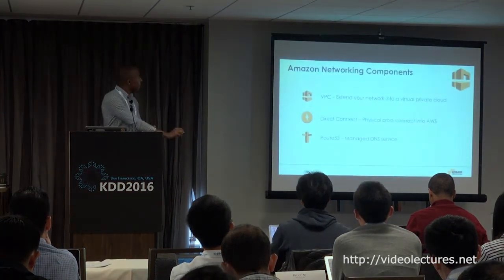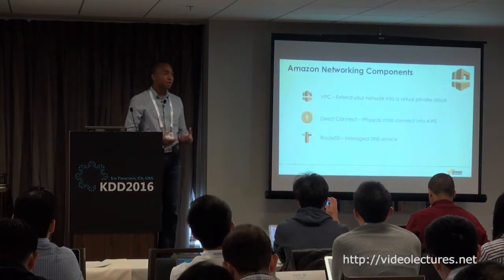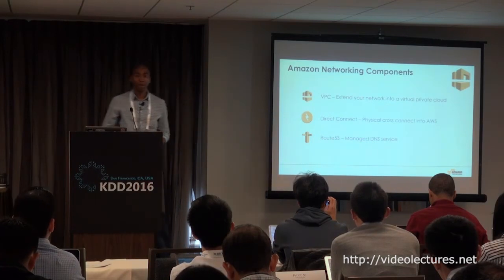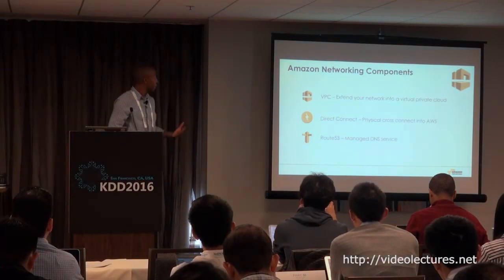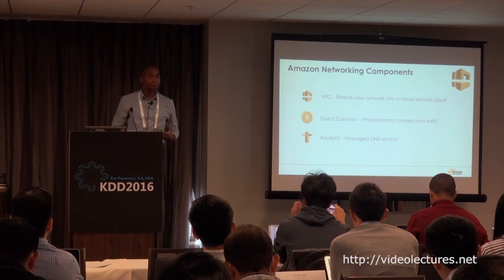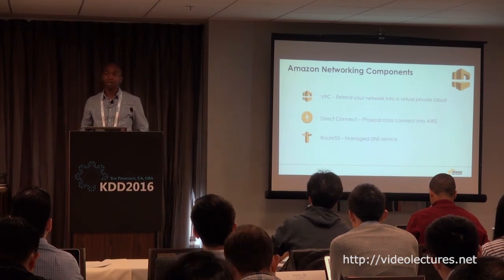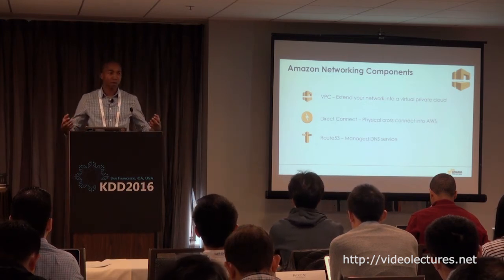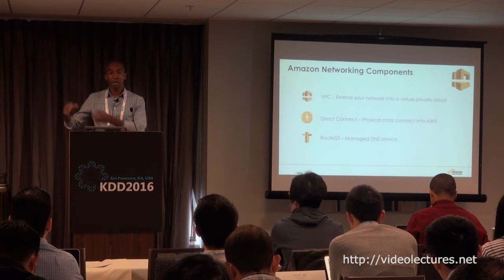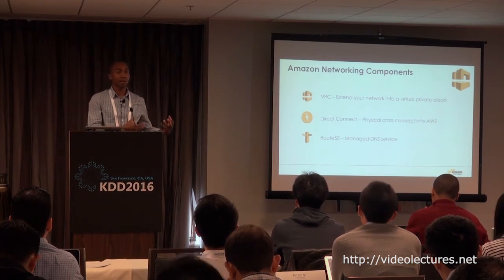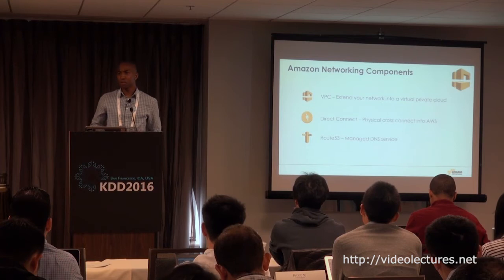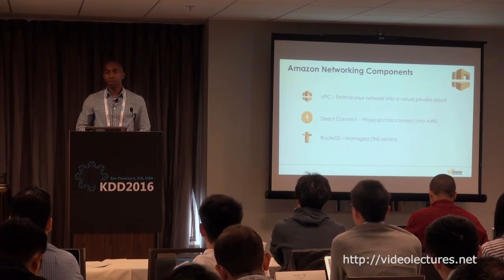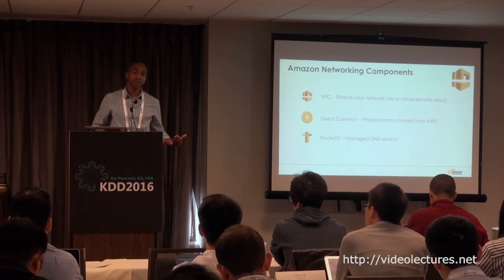So within Amazon, we have 3 services that really make up our network portfolio, right? We have the virtual private cloud, we have Direct Connect, and what Direct Connect is, is that low latency network link or point-to-point link between your data center and your Amazon environment, right? Most customers today use MPLS links to actually get into AWS, right?